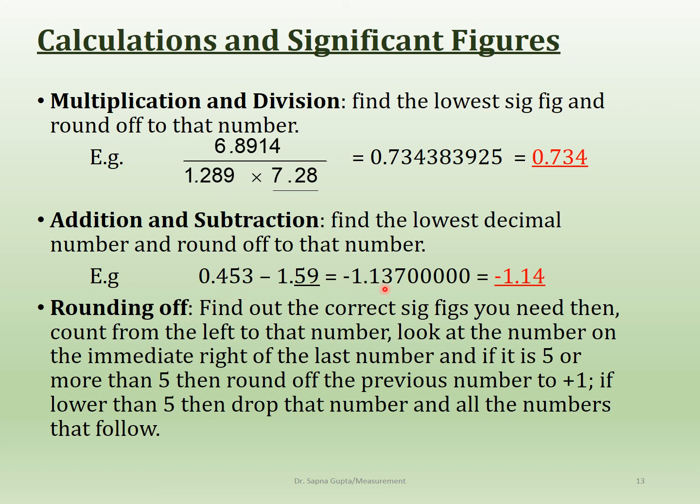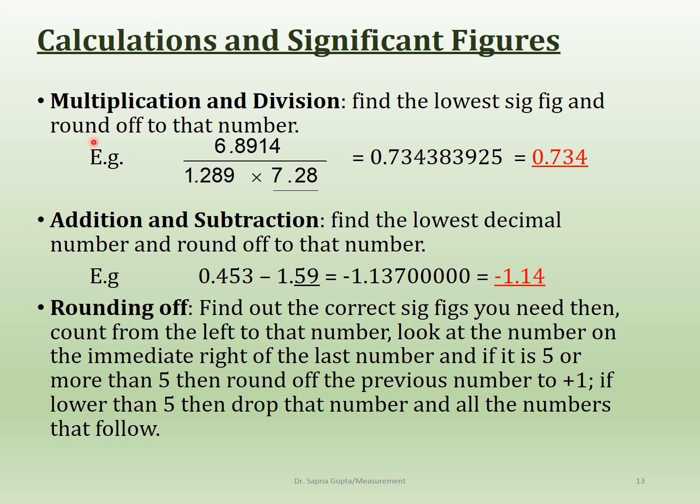So here we have these 2 decimal points, 1, 3. Now I will look at the next number over, which is 7, and 7 is of course more than 5. So I'm going to carry that over to the previous number, adding 1. And so I have negative 1.14 as my final answer. So this is addition and subtraction.